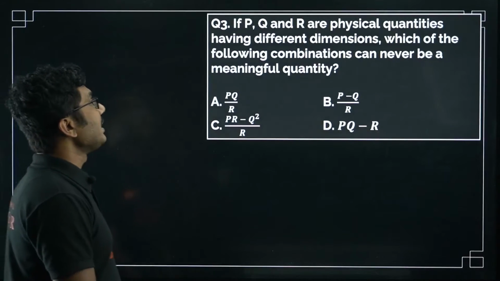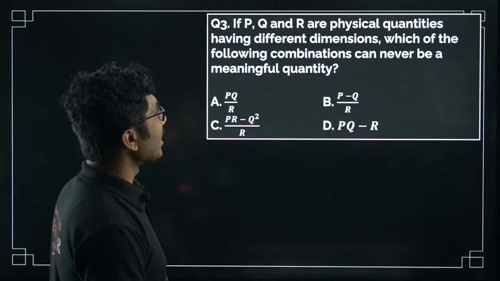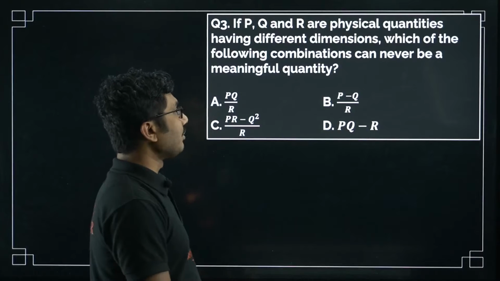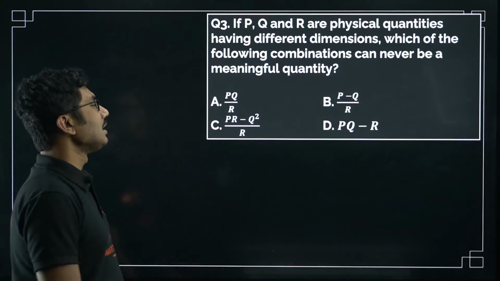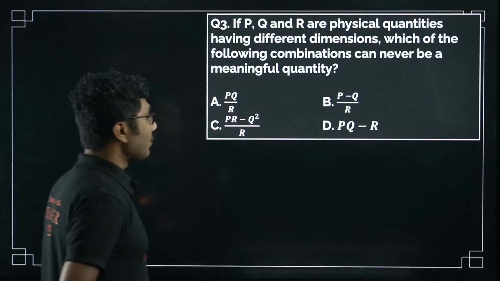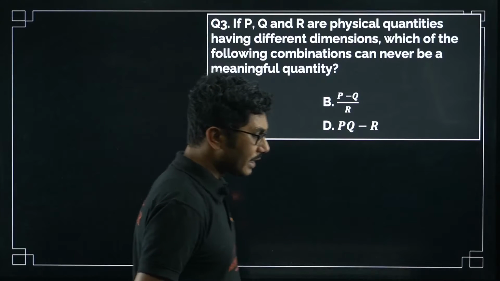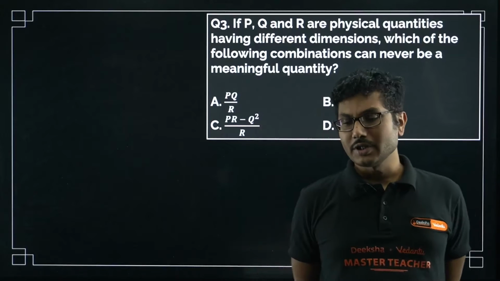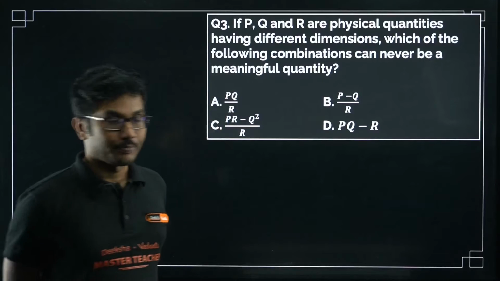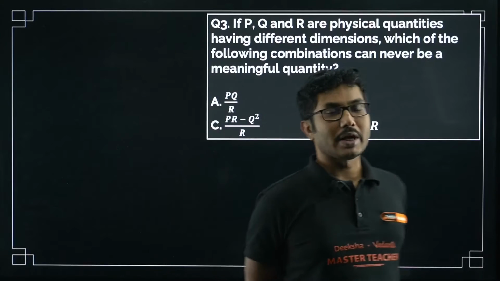Next, if P, Q and R are physical quantities having different dimensions, which of the following combinations can never be a meaningful quantity? I have solved this question during my lecture. Again, let's check this out. As I said, if two quantities have different dimensions, then you cannot add or subtract them. You can multiply them, you can divide.